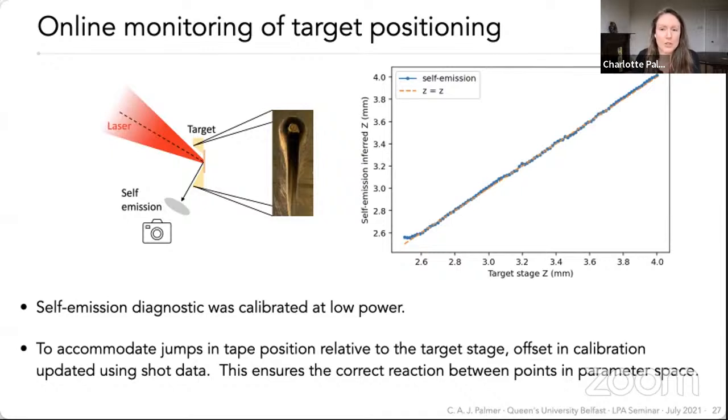Now, to accommodate the jumps, which lead to an offset of this calibrated position relative to the stage, we used a weighting of the previous shots so that could then be applied and ensure that the calibration remained in sync with the tape position and the data was appropriately placed in parameter space.